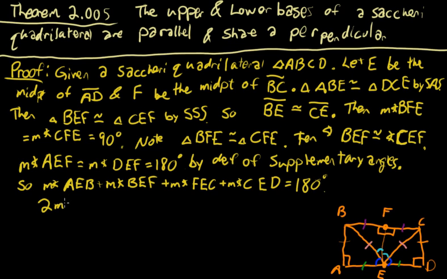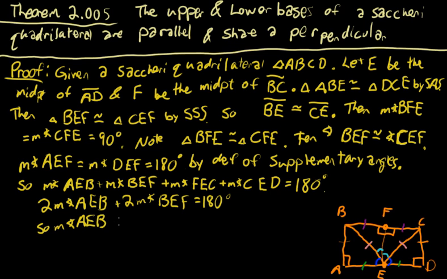So 2 times measure of angle AEB plus 2 times the measure of angle BEF equals 180 degrees. So measure of angle AEB, right now it's just obvious math that I think most of you see, but I'm just going to spell it out anyways. So that's plus measure of angle BEF equals 90 degrees.